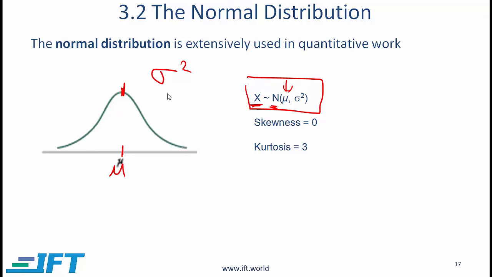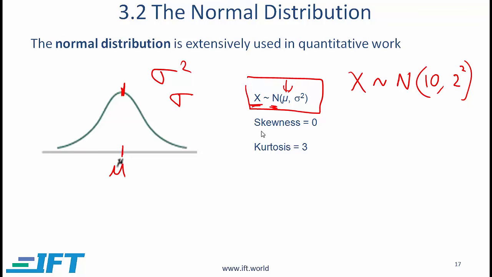Knowing the variance is essentially the same as knowing the standard deviation. So if I say that x is a normal distribution with mean 10 and standard deviation of 2, i.e. variance of 2 squared, then we are completely defining a particular distribution.